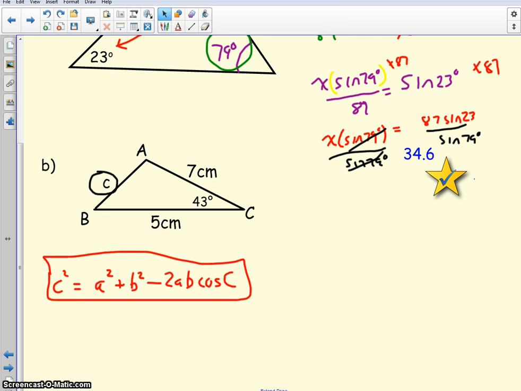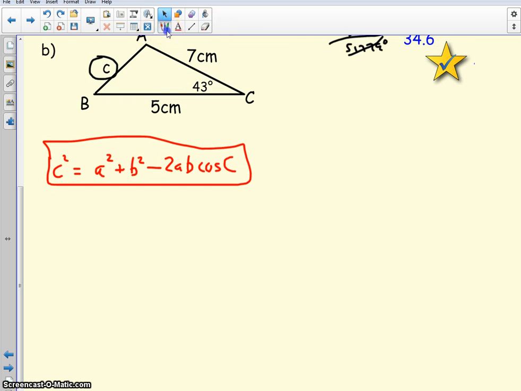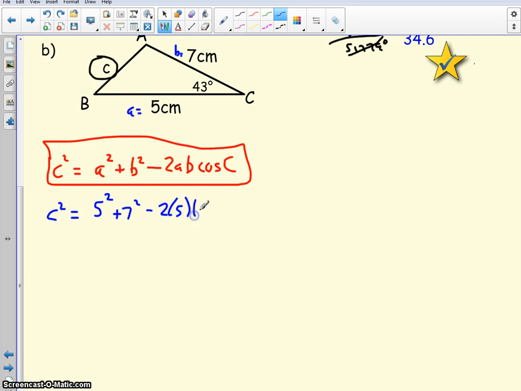Okay, at this point now I just need to sub in everything I know. So side c is my unknown. Side a is my 5 centimeters here. Side b is my 7 centimeters, again, across from angle B. 2 times 5 times 7 times the cosine of 42 degrees, or 43 degrees, sorry.